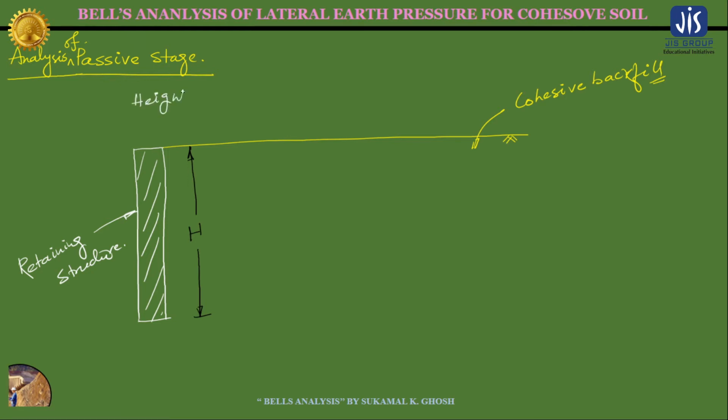The height of the retaining structure is h, and the unit weight of the soil is gamma.